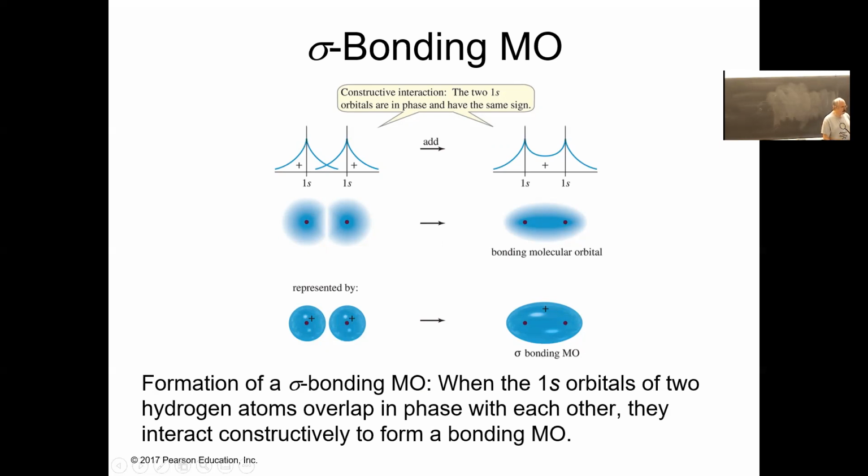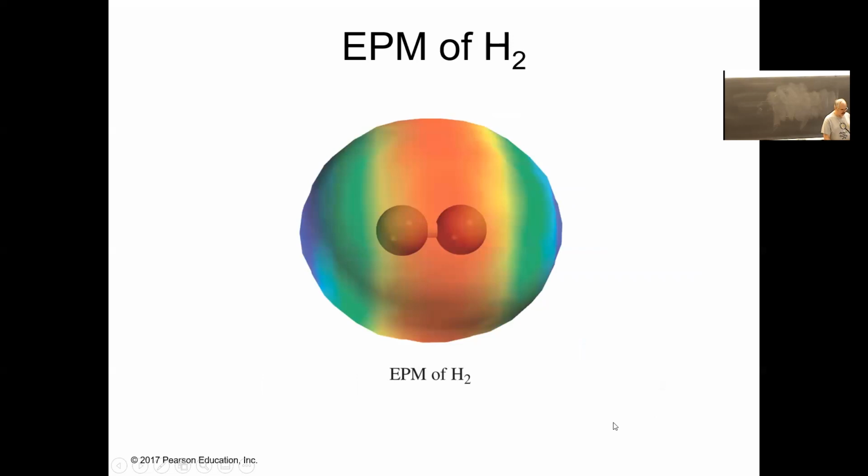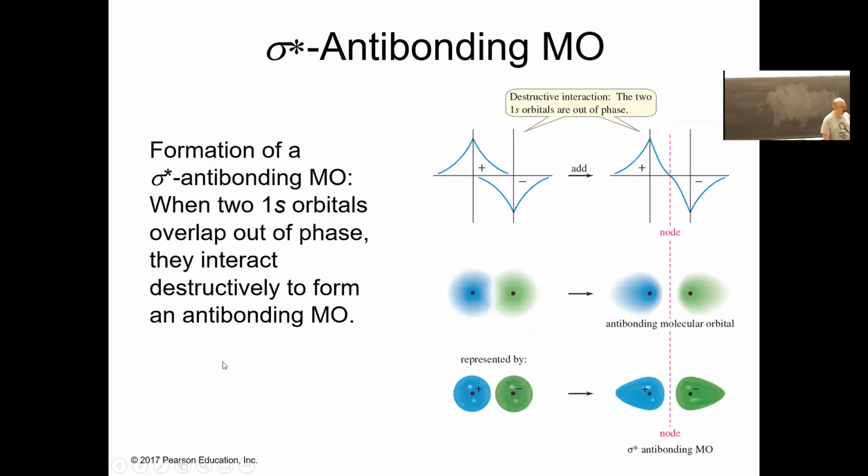And then the other situation would be an anti-bonding, where they destructively interfere. Okay, so here's the hydrogen molecule. Most of the electron density is between the 2 nuclei. And here is an anti-bonding molecular orbital by destructive wave interference. And we get a node or a region of almost zero probability between these electron regions. And that's designated as sigma star to indicate that it's anti-bonding.